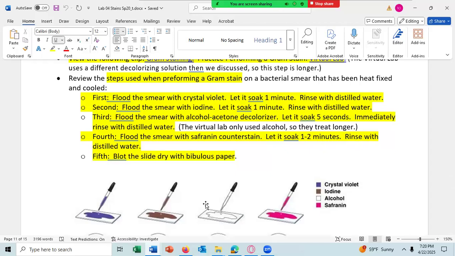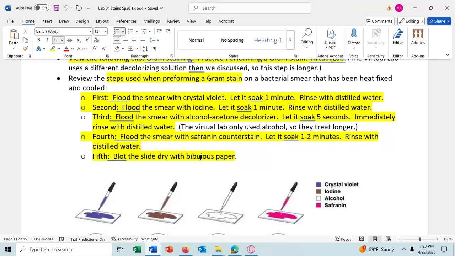Like I said, the video was only using 95% alcohol, in which case it's applied for 30 seconds. When using the alcohol acetone, it's best to hold the slide up and then view the slide at an angle. Add the acid or alcohol acetone decolorizer, let it run down, and just keep adding it until the blue stops running.